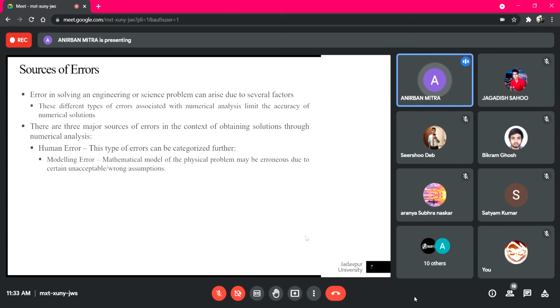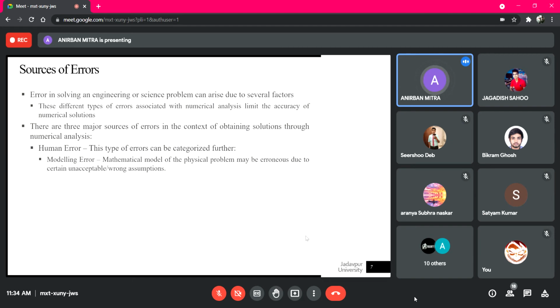In the last class, we have talked about an example of airdropping certain relief material in a flood affected zone with the help of a parachute. This physical problem was converted to a very simple mathematical model where we considered the drag or air resistance as proportional to the velocity.